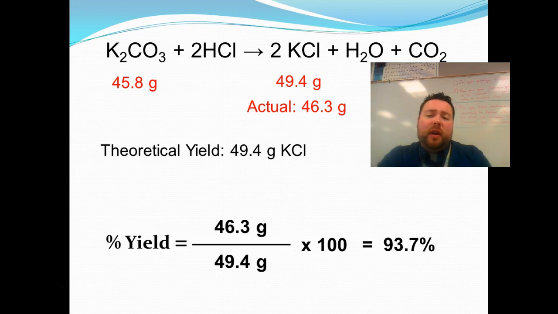So if your potassium chloride is not dried well, then you could end up with some water weight. And so you could potentially end up with more than 100% yield, which we know isn't possible. You can't end up with more. If I only have 45.8 grams of potassium carbonate, I can't end up with more than what this would react with. So if you end up with more than 100%, keep in mind that may be what's going on.